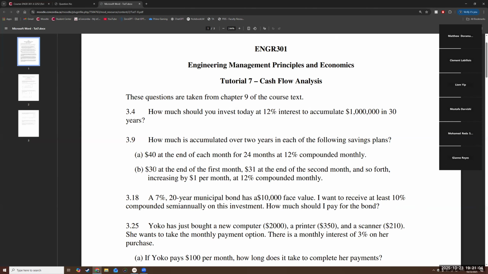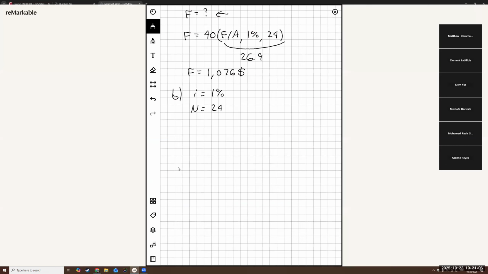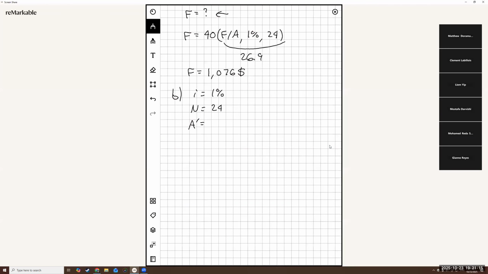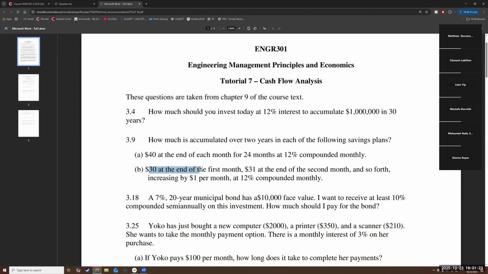So how do we interpret this? We start by defining an annuity for the $30, which we call A prime, is equal to 30. What this means is that this is the very first annuity you receive. You get $30 at the end of the first month, and then it's going to increase by one every month.